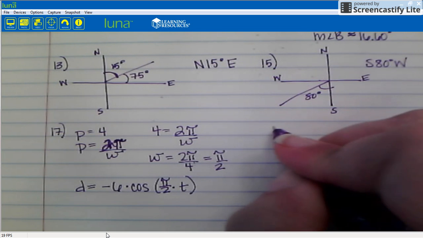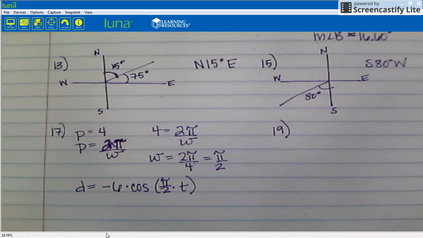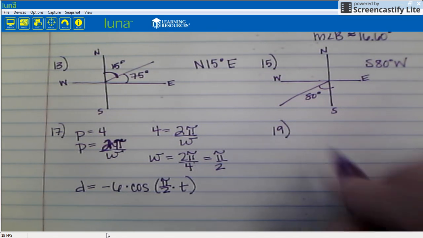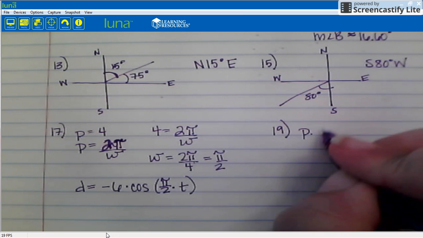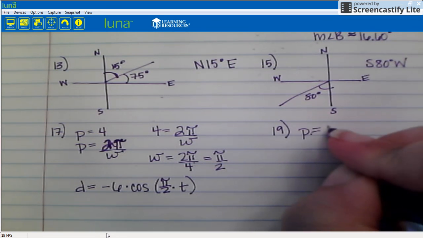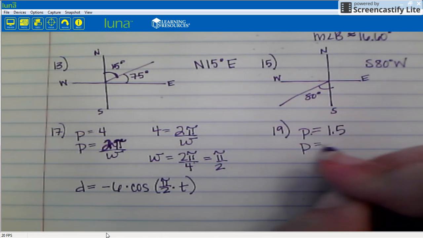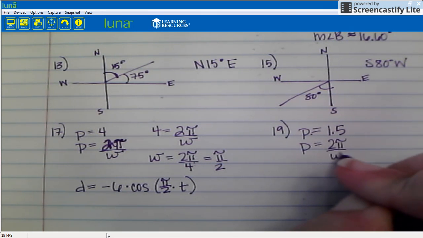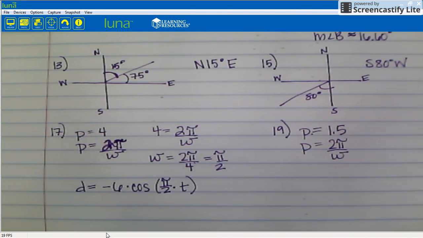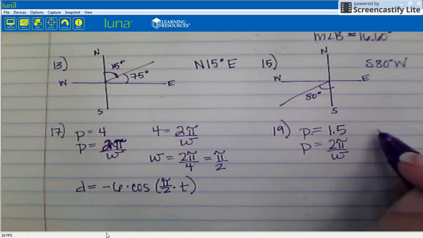For number 19, very similarly, I am told that my period is 1.5 seconds. So if my period is 1.5 seconds, and I know that the period is 2 pi over W, then to solve for W, I take 1.5, which is the same as 3 over 2.